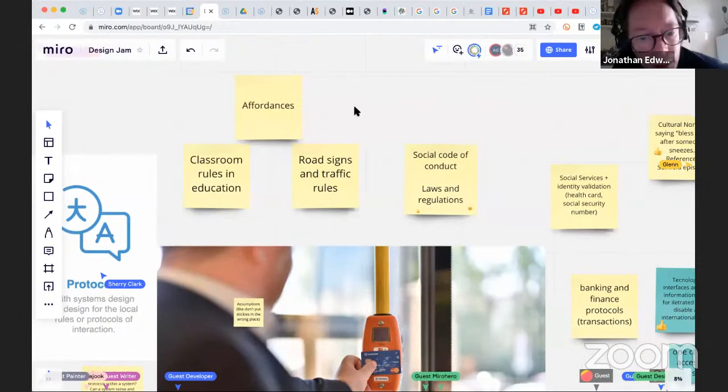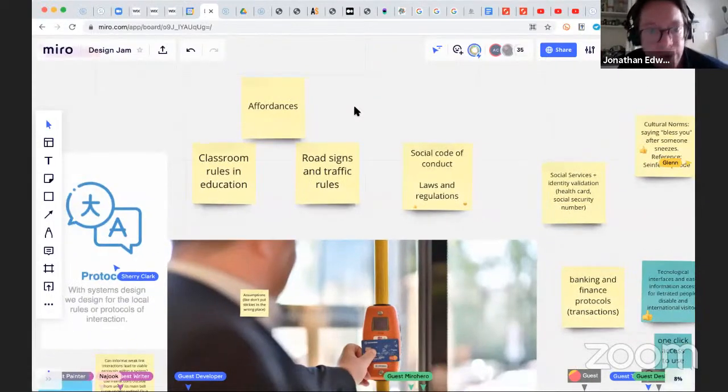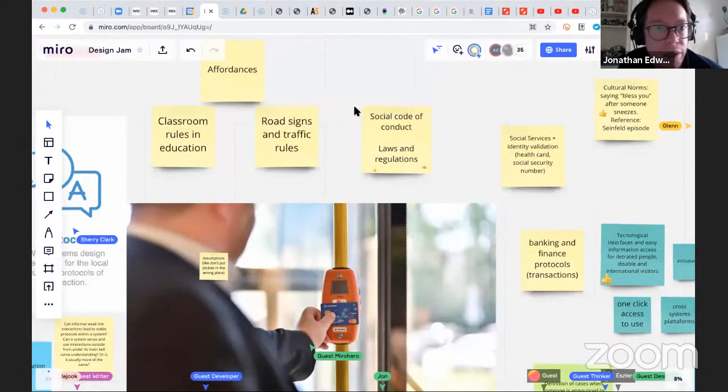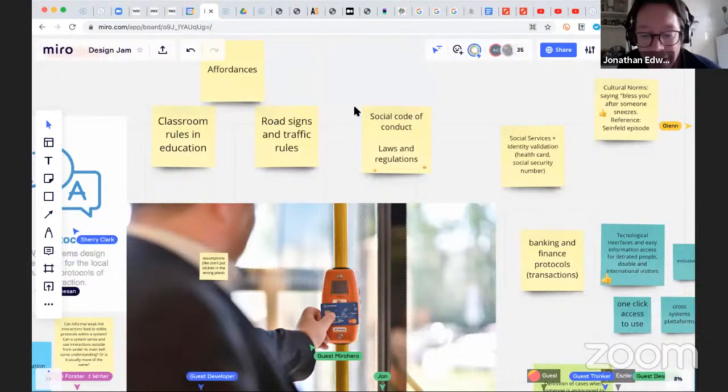Jonathan here. Yeah, I wrote that down. I mean, affordance is a notion in design generally, which is basically a feature of any object that affords action from a user, so that enables and indicates some kind of user action or capability.